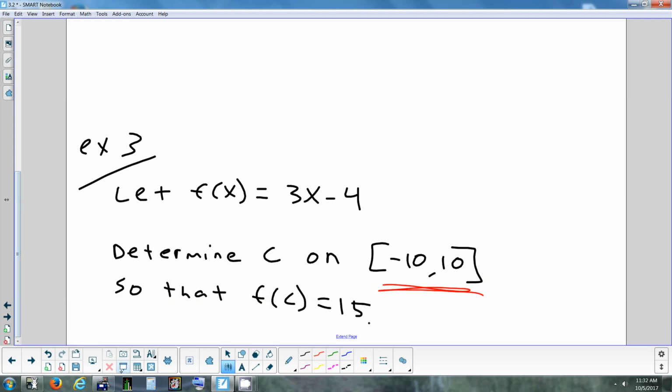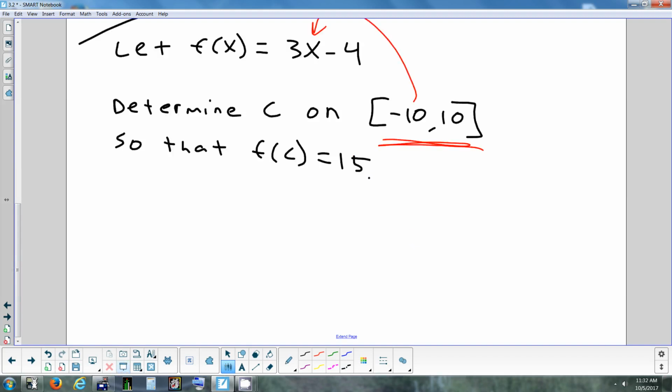So what I'm going to do first is plug in negative 10 for x, and find my lowest y value in that interval. Because you might say, well, doesn't a line go on forever? Yes, it does. But just in that interval. Okay, let's start with that. What's 3 times negative 10?